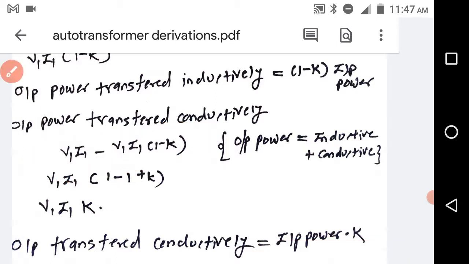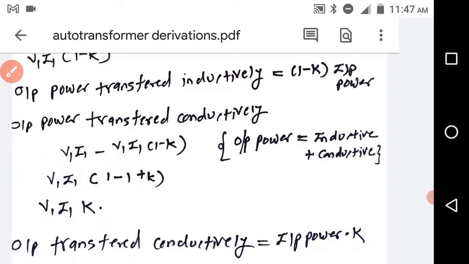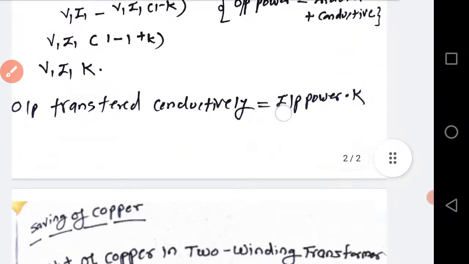So V1 I1 minus V1 I1 (1 minus K), which is the inductive power. If you take V1 I1 outside, you will get (1 minus 1 plus K). So that is equal to V1 I1 K. So conductive power is input power into K.